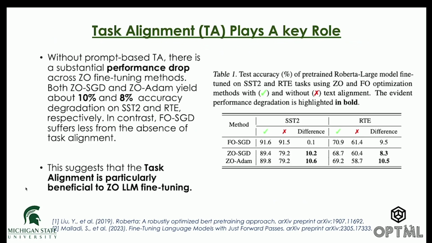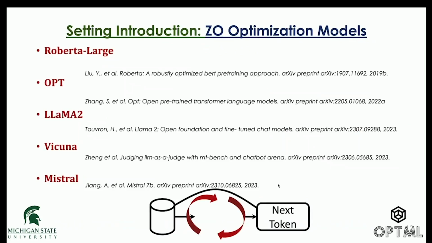And I want to highlight that with task alignment, we can achieve over 10% accuracy improvement compared to the standard Zeroth-Order optimization without task alignment. And if we move to more models, instead of RoBERTa-large, you can consider other models like the OPT model, like Llama 2, Vicuna and Mistral.